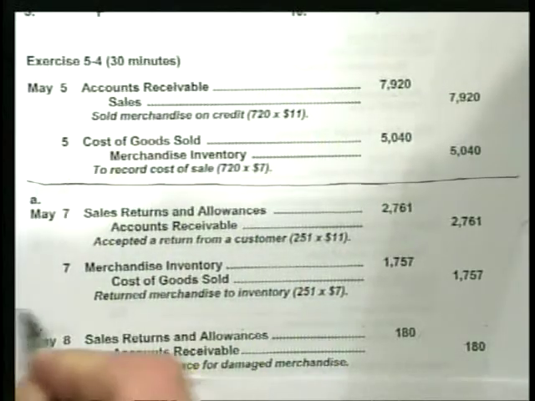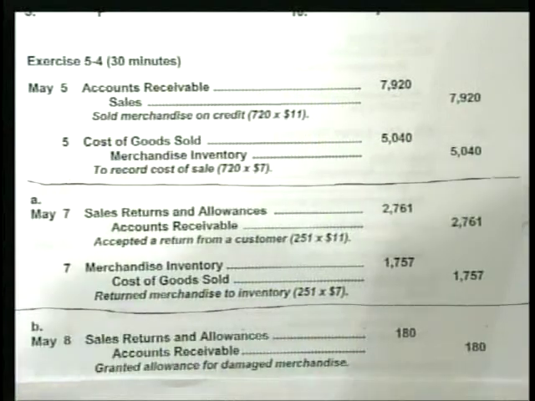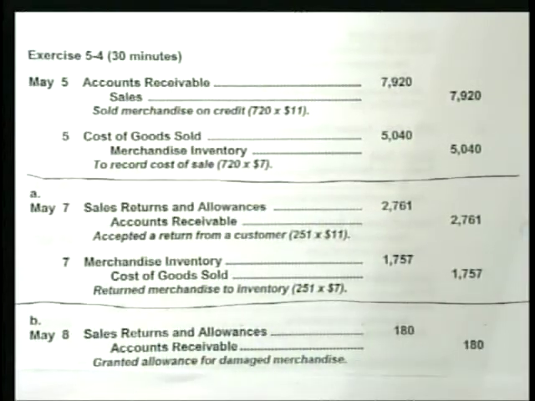Let me go ahead and draw a line between those dates so you can keep them separate. Here we don't return any items to inventory. They keep the goods. We just say, hey, we'll knock off $180 from what you owe us. Okay? So we decrease receivable, and we debit sales returns and allowances. Does that make sense?